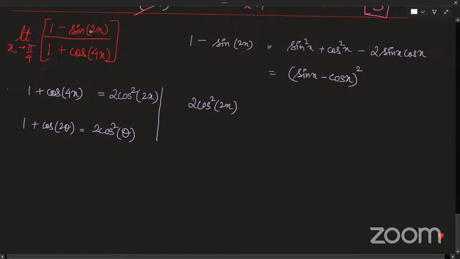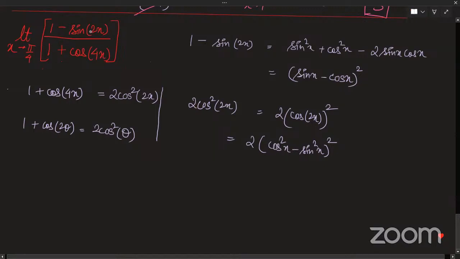How should we do this? It can be written as 2 cos of 2x whole squared. What is the formula for cos of 2x? Cos of 2x. So it is 2 cos square x minus sine square x whole square, right?